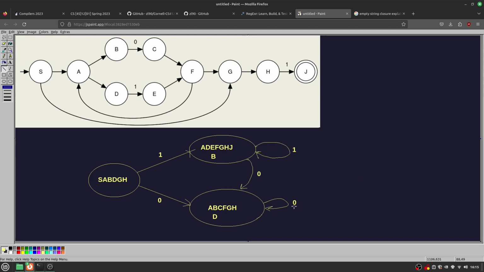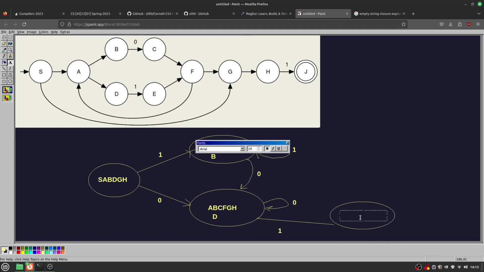Finally, what if we take a 1? From A, if we take a 1, we can get to A, B, D, E, F, G, H. From B, if we take a 1, we can't get anywhere.